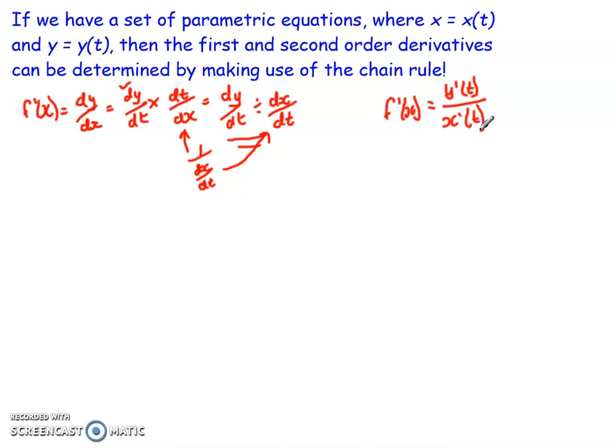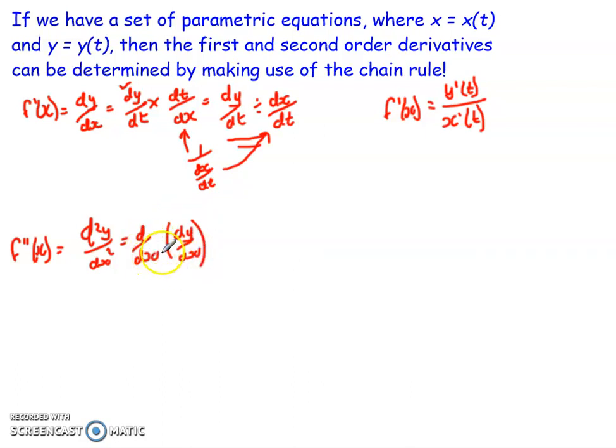We also want to be able to do the second derivative of it. Now the second derivative, f double dashed of x, what we're after is d2y by dx squared. So we want the second order derivative of y with respect to x. What I'm able to say is that that's d by dx of dy by dx.